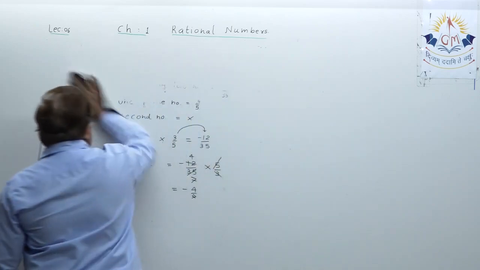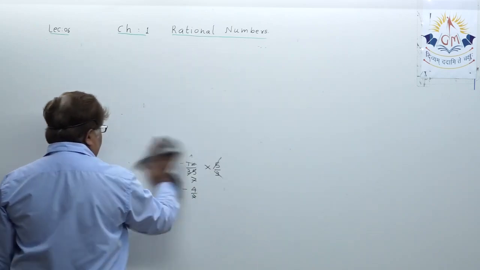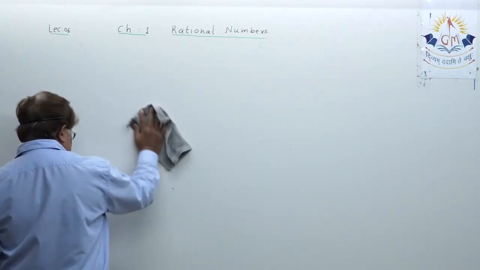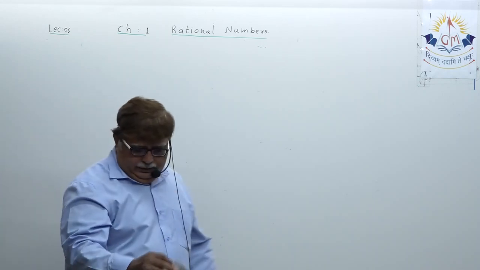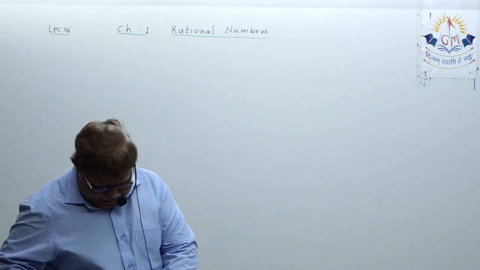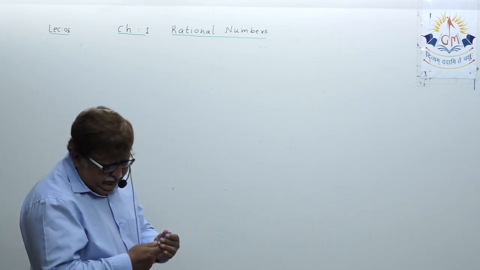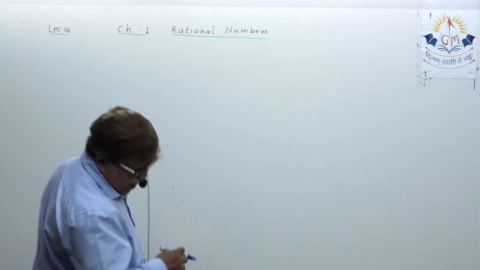That's why you need a discussion of this. Actually, that is the distributive property. Understood? Let us solve. The example is like this.